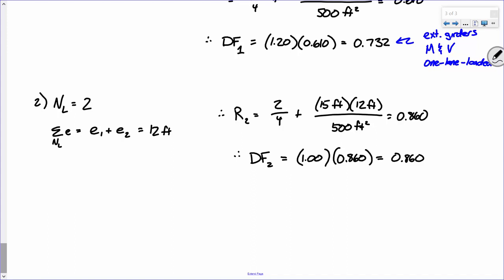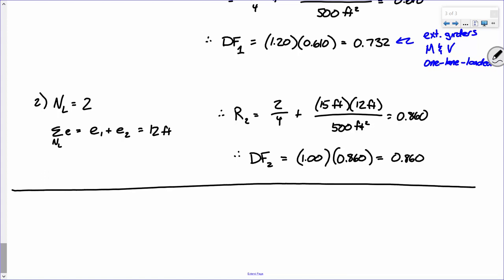Now, from a design standpoint, let's sort of summarize. So we've got this massive list of distribution factors, right? This is what I like to do in terms of design. I don't really think it's worth it in most cases to design the girders independently.